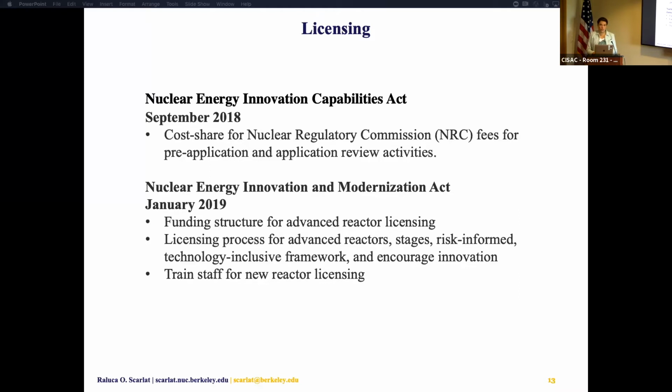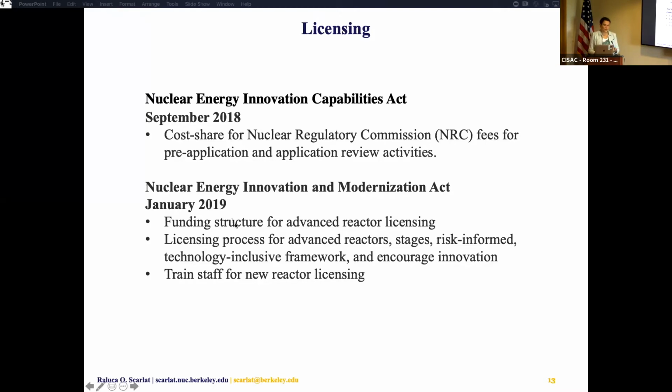So if the expenses that the Nuclear Regulatory Commission needs to put towards developing a licensing path for advanced reactors comes from the conventional nuclear industry with which the advanced reactors are competing, there's really very little incentive for the NRC to develop that capability to license advanced reactors.